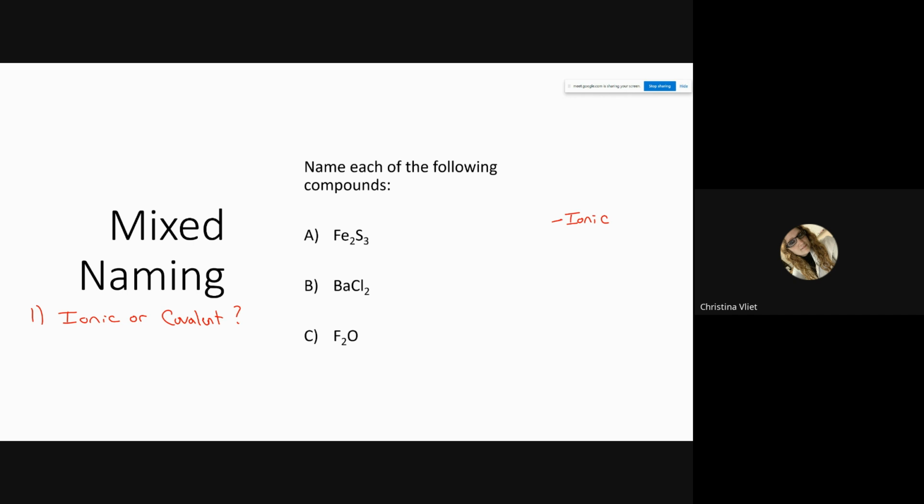All right, the next thing you should check is, it was ionic, right? So is there a transition metal? And the other question you should ask is, is there a polyatomic?